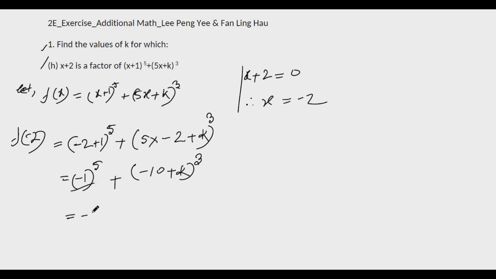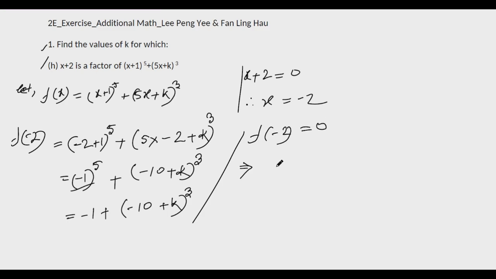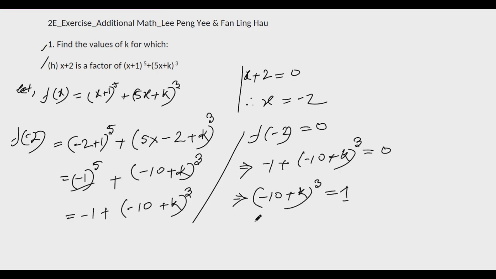So from there we will get minus 1 plus (minus 10 plus k) to the power 3. As before, we know f of minus 2 will be 0. So we can make an equation: minus 1 plus (minus 10 plus k) whole cube is equal to 0. If we solve this equation for the value of k, we will get (minus 10 plus k) cubed is equal to 1.